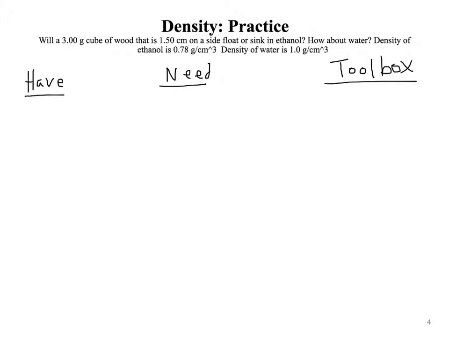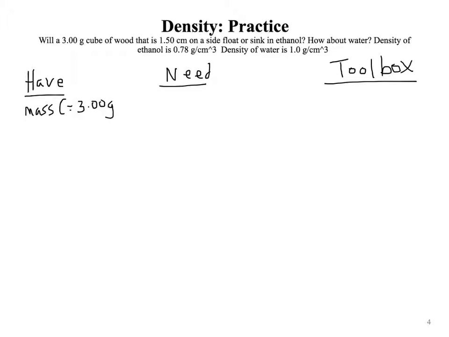So what I want to do first is break it apart into categories of information: what you have, what you need, and what's your toolbox, what's in it. For what I have, I know I have the mass of the cube, mass of C, which is 3 grams.